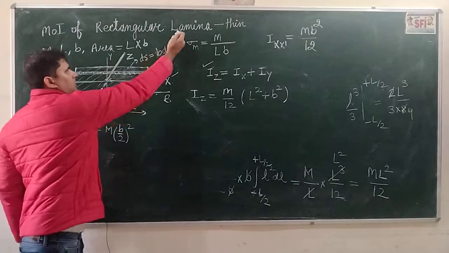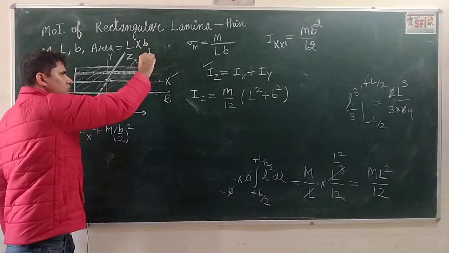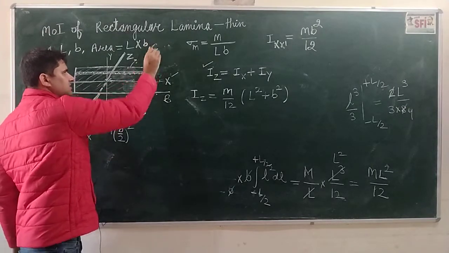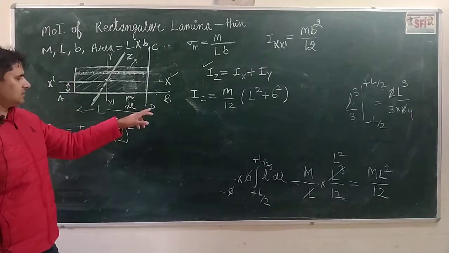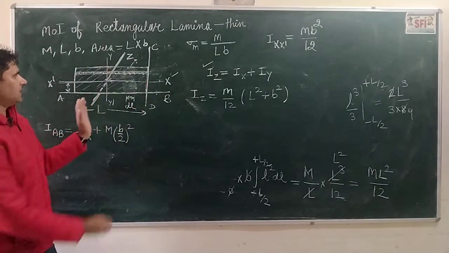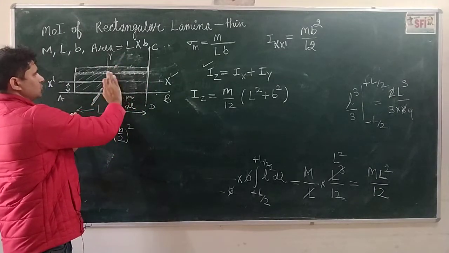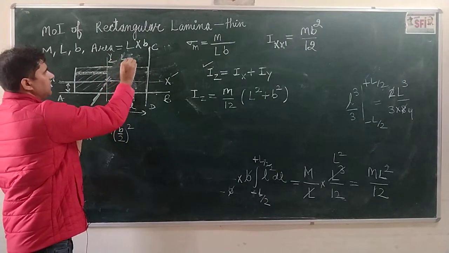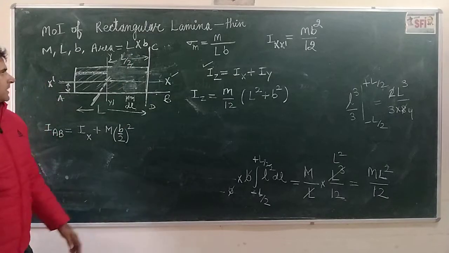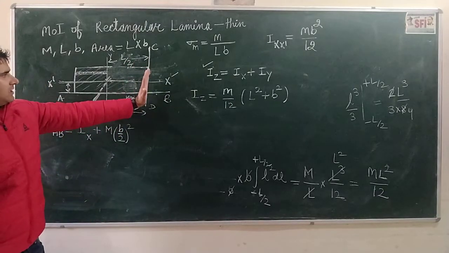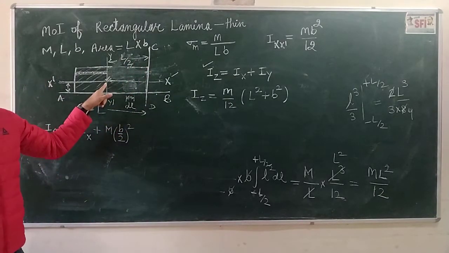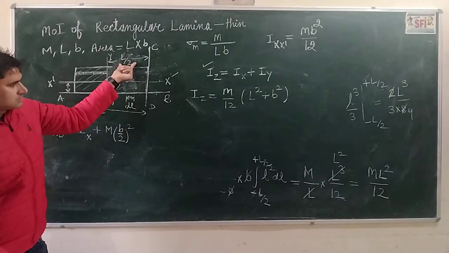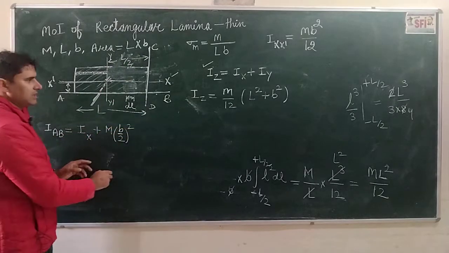And if you have an axis which is passing through the edge, this edge, this is CD. In this case you can see, again we will make use of the parallel axis theorem, and here the perpendicular distance will be L by 2. So firstly we will identify an axis which is passing through the center of mass, then we will find the distance, and then we will apply the parallel axis theorem.